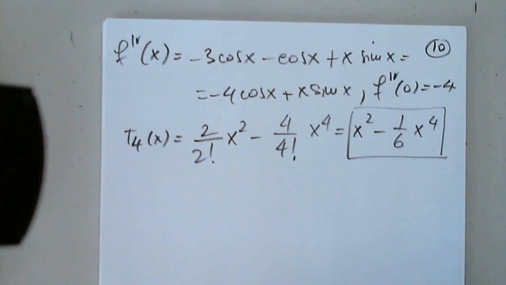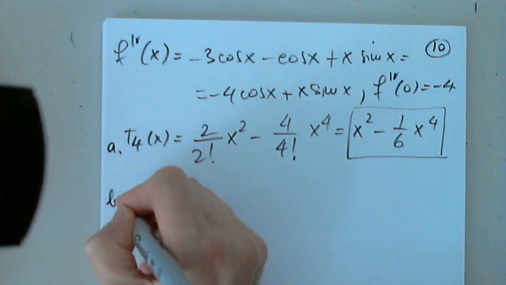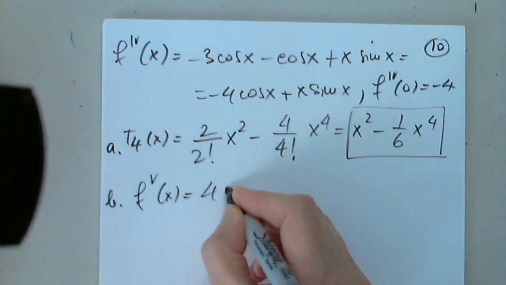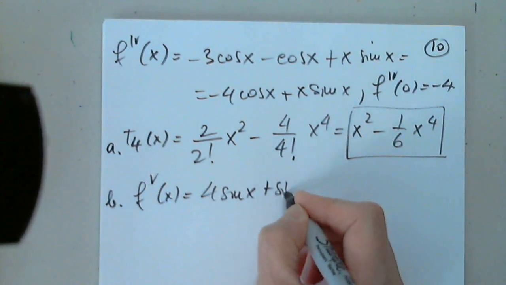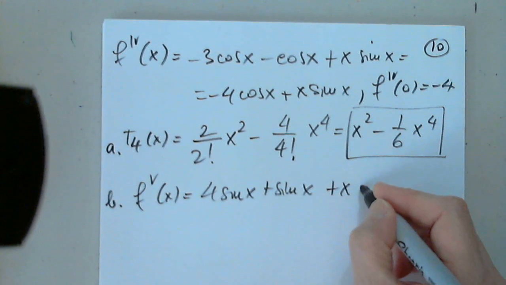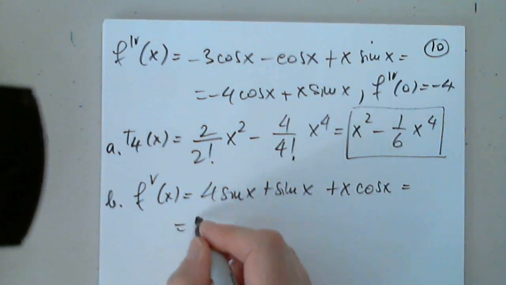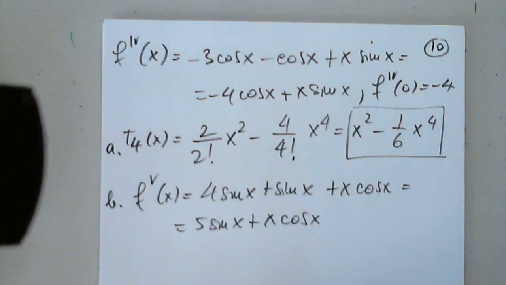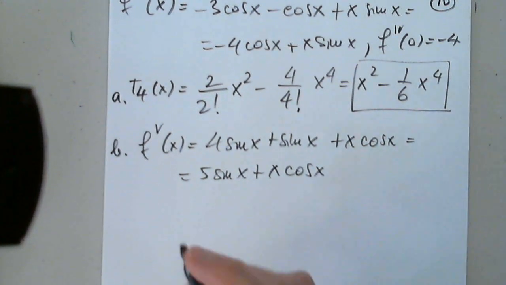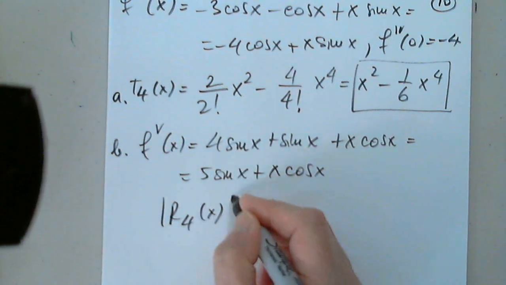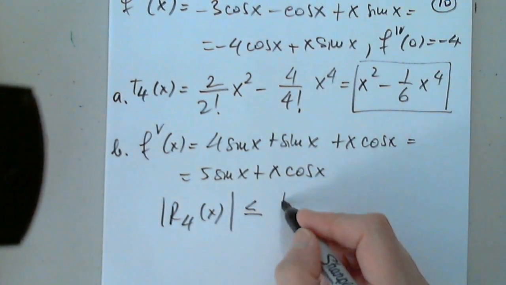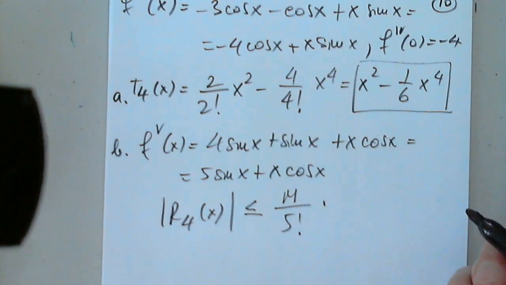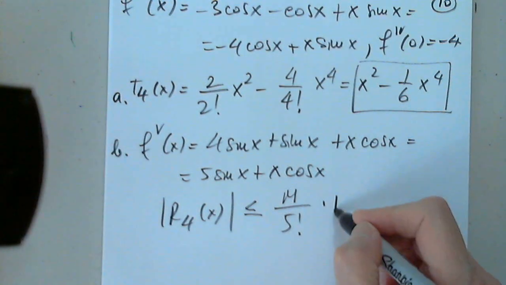Now that was part A. In part B, we want to find the fifth derivative, which is 4 sine x plus x cosine x. So this is 5 sine x plus x cosine x. And R4 will be less than or equal to M divided by 5 factorial times x to the fifth, but that is 1 to the fifth power.